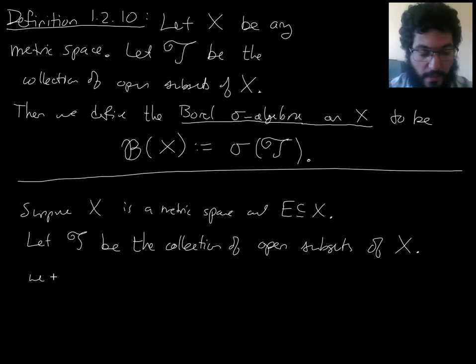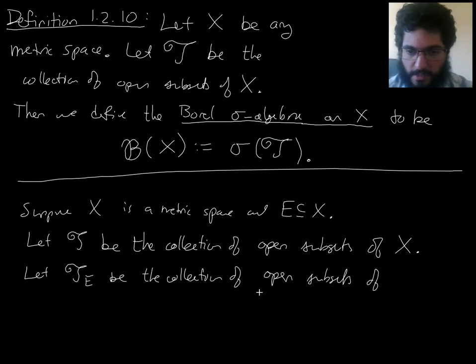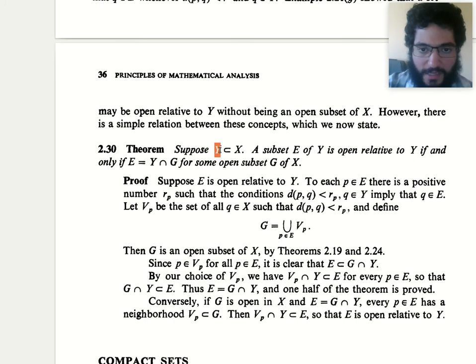Then, remember I was just saying, if you have a subset of a metric space, then you can restrict the metric to it, and then it's itself a metric space, right? So there is such a thing as the collection of, let's call it T sub E, the collection of open subsets of E. Now we saw in this theorem back here, from the good old Rudin days, that E is a subset of X, so I changed the notation a little bit.